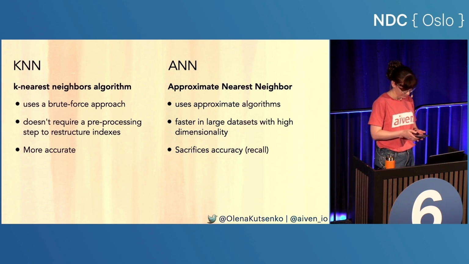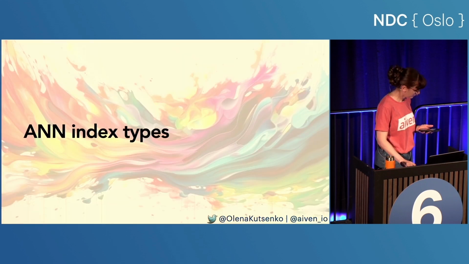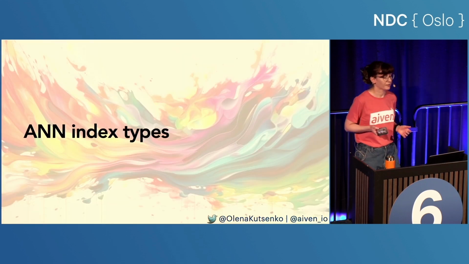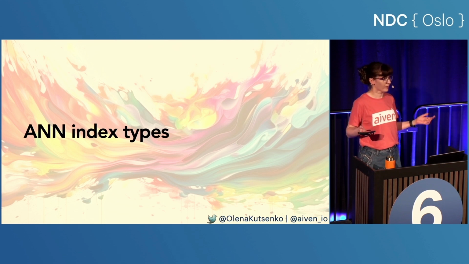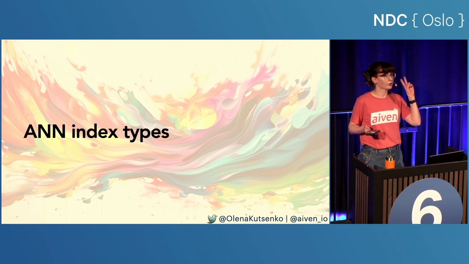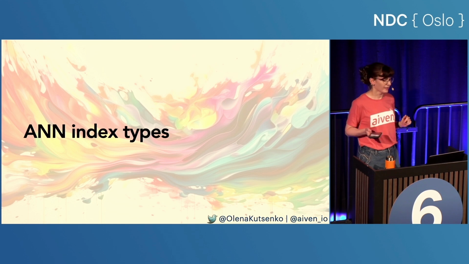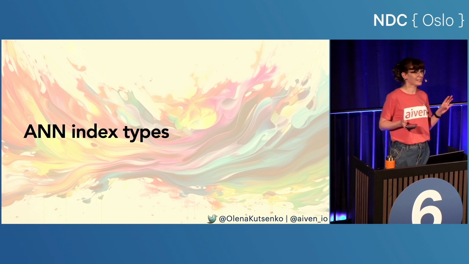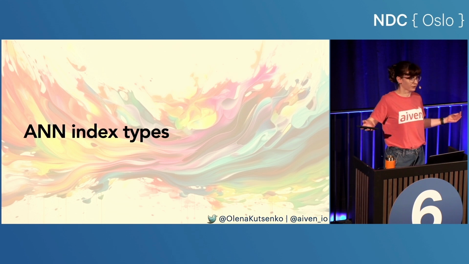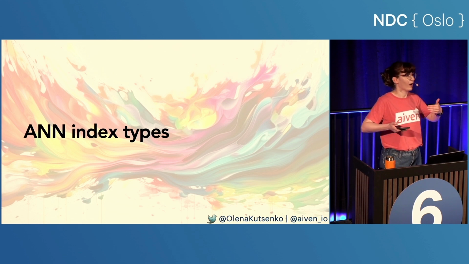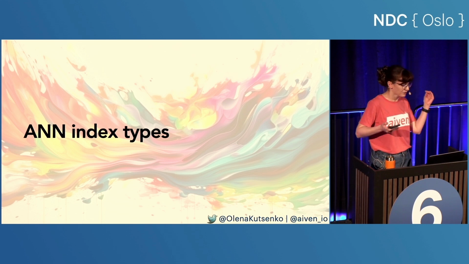Oops, my clicker stopped working. We have a variety of index types. For example, in pgvector, which we just looked at, there are 2 indexes which we can use. And I really like those 2 indexes, because in a way they are quite different, and they have preferences for different types of scenarios.